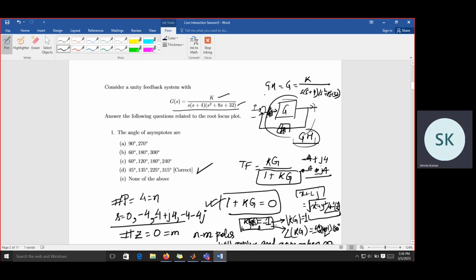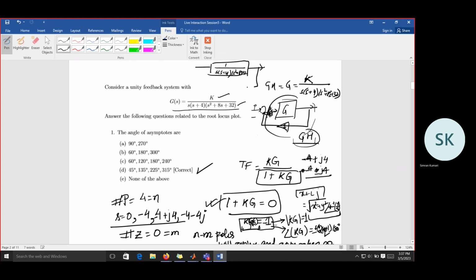That means for this system where G has the variable k with unity feedback, or a system with 1 by s plus 4, s square plus 8s plus 32 with gain k in feedback, both will have the same kind of pole evolution behavior, because the open loop transfer function GH for these two will again be this one only.